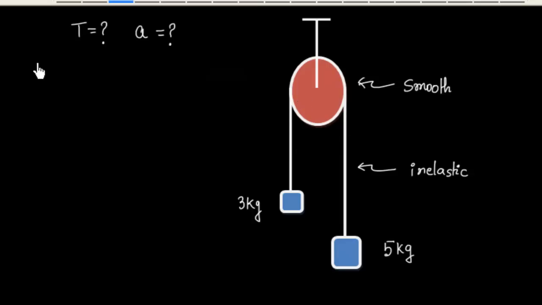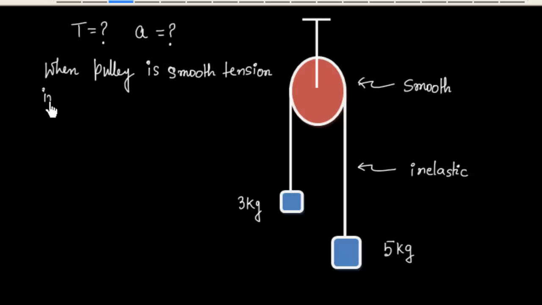So when the pulley is smooth, the tension in both parts of the string will be the same. That is, if this string has tension T, then this string also has tension T.